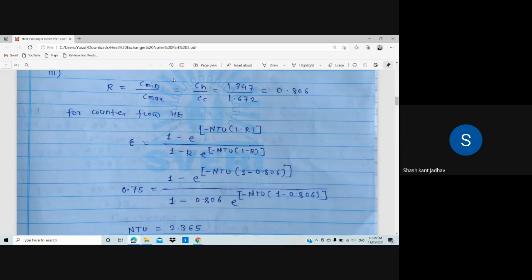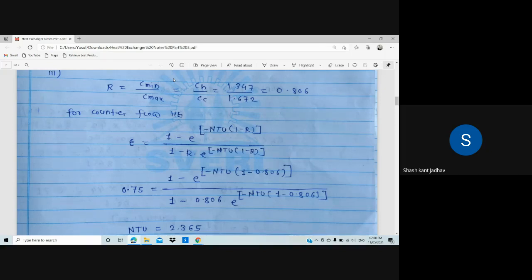Okay, so we get the answer for the NTU: NTU is equal to 2.365. Our aim is to calculate the surface area. As we know, in the equation of NTU there is an area. NTU is equal to U into A divided by C minimum. So area is equal to NTU into C minimum divided by U. NTU is 2.365, into C minimum, which is CH, and the value of CH is 1.347.